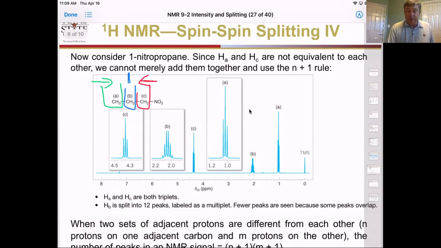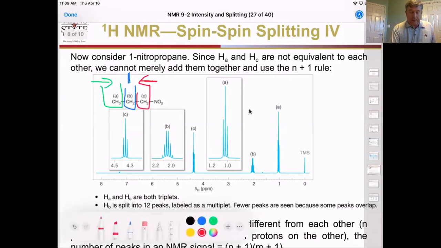So when we look at the splitting on the first one here, let's look at this A carbon right here, okay? And on this A carbon, I'm going to change back to green here. On this A carbon here, we have a total of 3 hydrogens here, and 3 bonds over, we have a total of 2 equivalent hydrogens, okay?